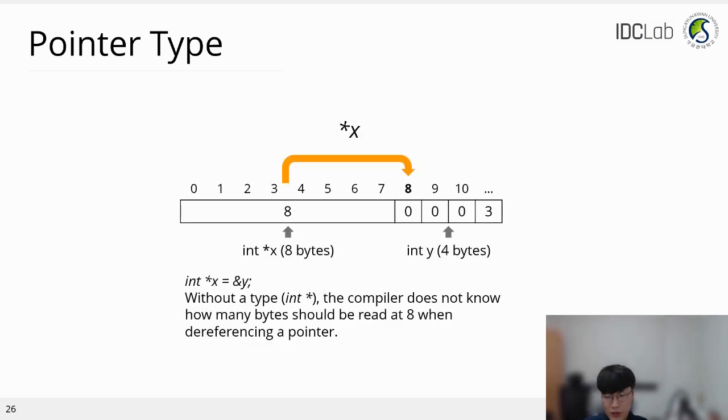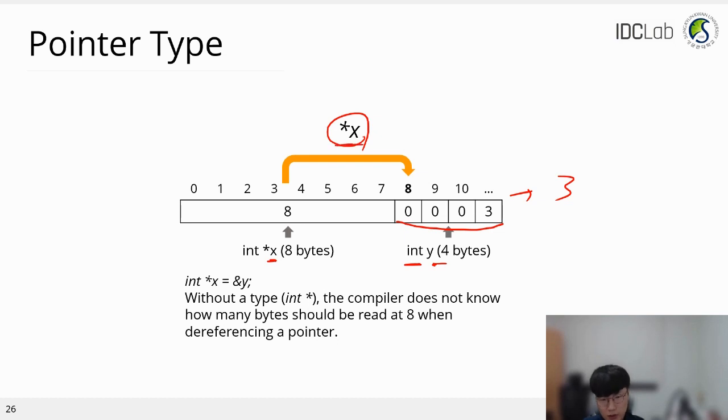So here's an example. We have a variable y whose type is integer. So it takes 4 bytes, and these 4 bytes together represent an integer 3. And x points to y, and you execute a dereference operation. So dereference x.